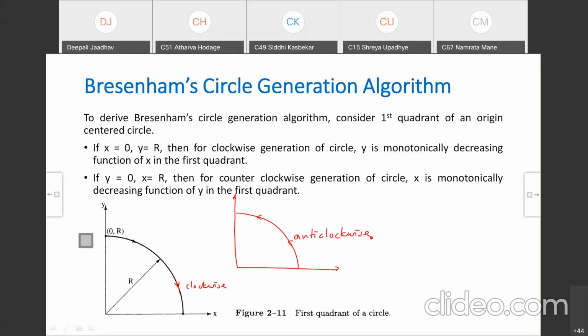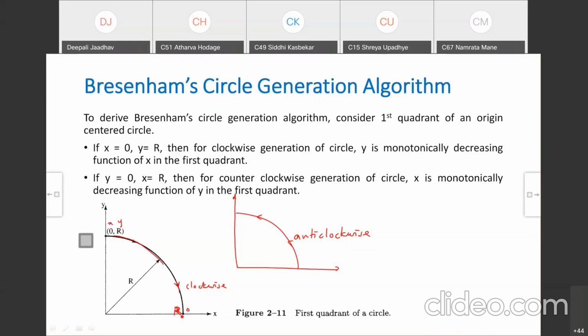The first case is that x is equal to 0 and y is equal to r, where r is the radius of the circle. Starting with x equal to 0 and y equal to r, the clockwise generation of the circle takes place. We start with y and the y value is decreased one by one until it becomes 0, and x becomes r.